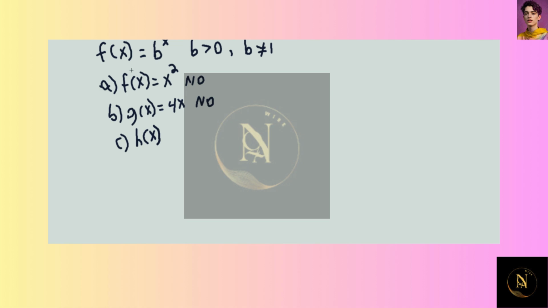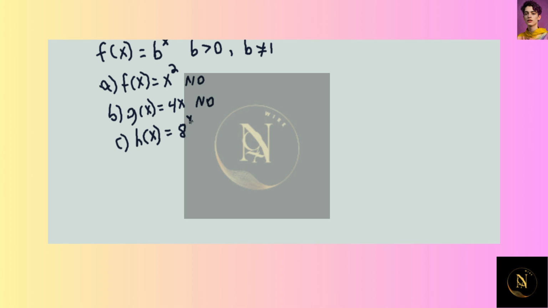But here we have h of x is equal to 8 to the x. Is this exponential? Can this be represented in this form, some constant b to the x?